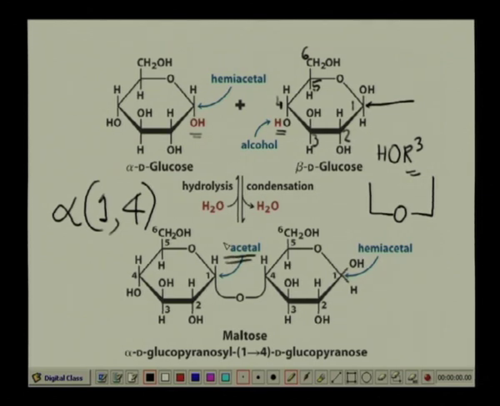And this is now a hemiacetal. What can happen? This can link with another sugar, right? So, we can have a polysaccharide.